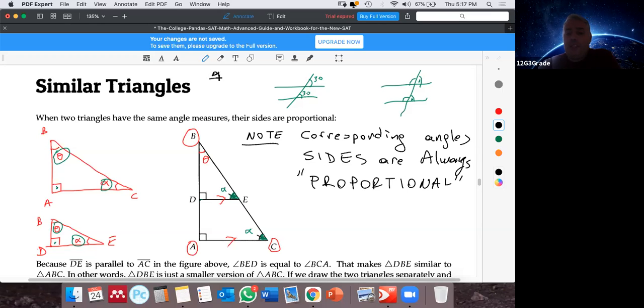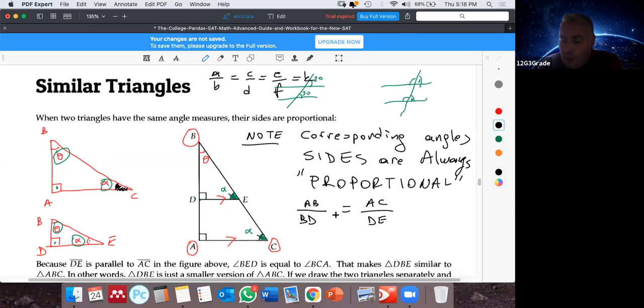Proportion means it's coming from the ratio, A over B, C over D, E over F is equal to K, something like that. Let's have a look together. Opposite of alpha in this triangle, I have AB divided by opposite of alpha in this triangle, BD, equals opposite of theta, AC, over opposite of theta, DE.